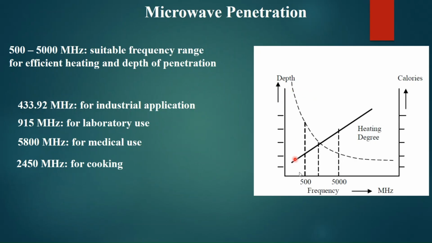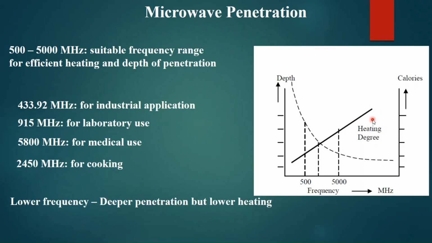As this graph indicates, the frequency is represented on x-axis and depth of penetration is represented on y-axis. As we see, as the frequency goes on increasing, depth of penetration goes on decreasing.